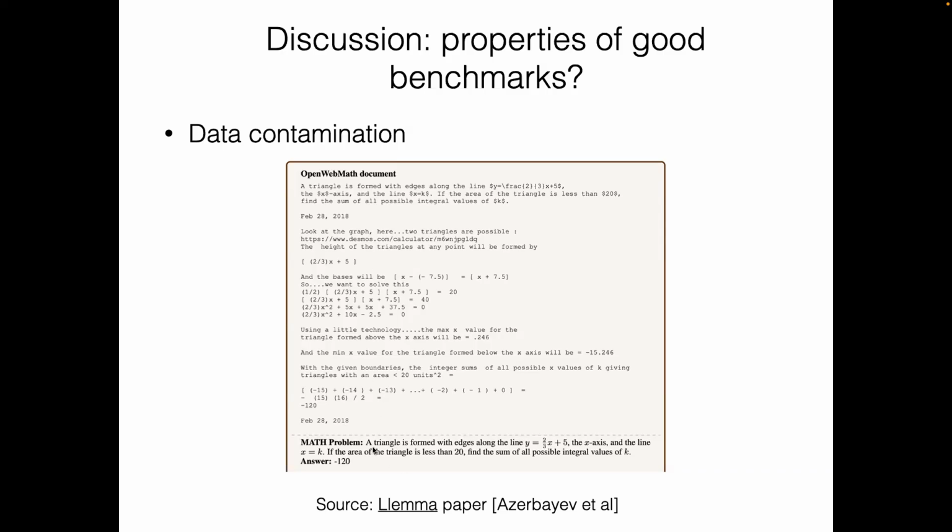Here's the problem from the math benchmark, and then here is, I think, a forum discussing the problem and discussing a solution to it. And you can see that the answer here, -120, also occurs on the website. Okay, so this can definitely happen. And again, you should think about whether the benchmark is potentially going to appear in some form on the internet.